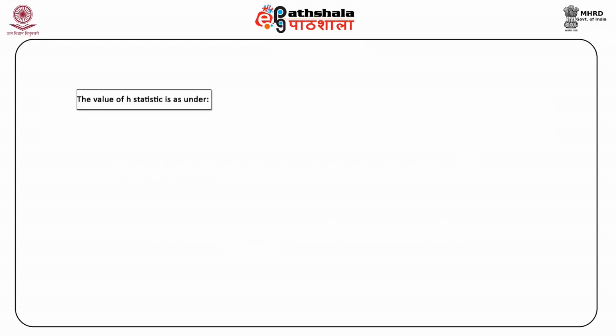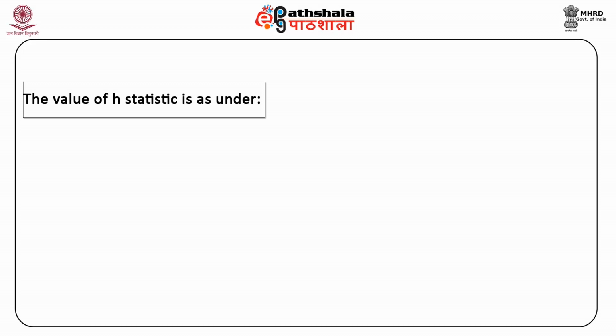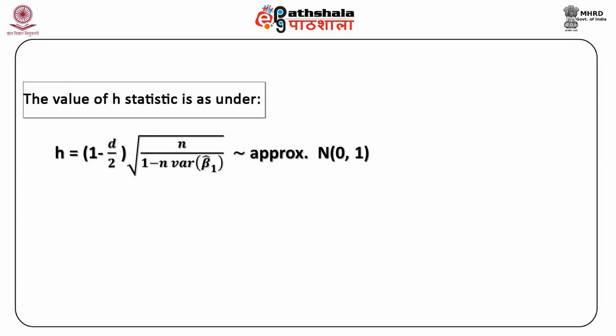In that case, the value of the h statistic is defined as under. h is equal to (1 minus d by 2) into the square root of n upon 1 minus n into the variance of beta 1 hat.